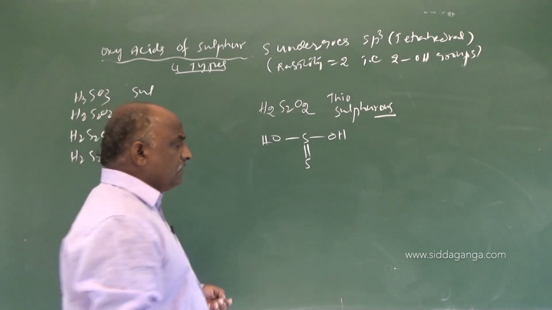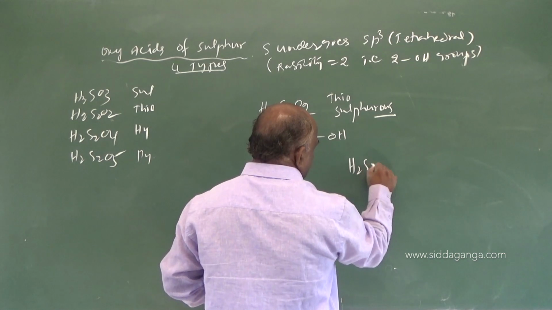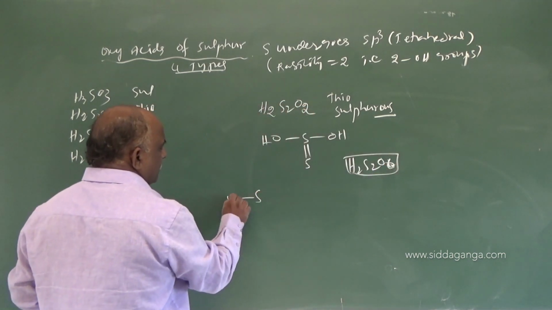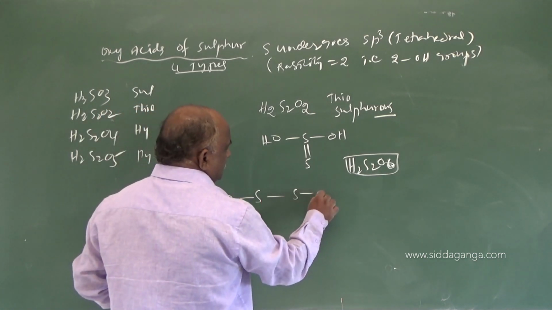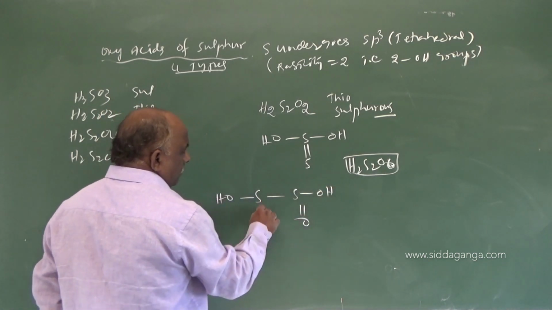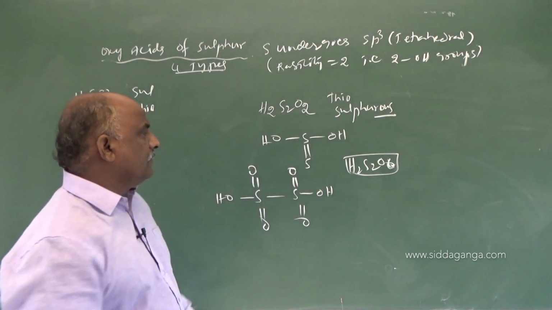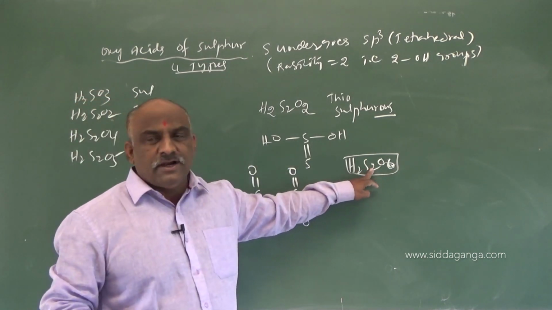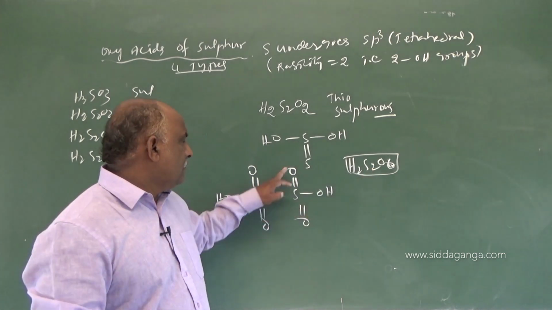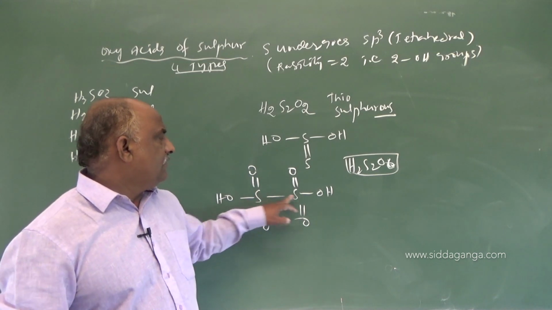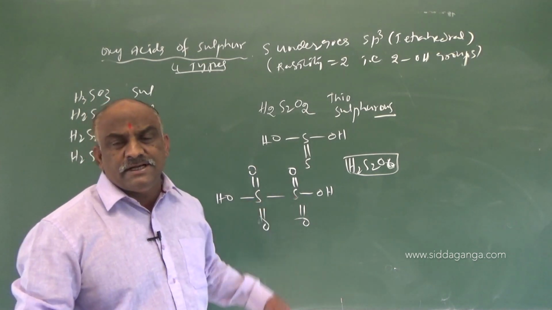Suppose H2S2O6 was given. Simply write S OH, S OH, with double bond O, double bond O, double bond O, double bond O. 2 OH groups are distributed to 2 sulfur atoms, and here 4 oxygens are arranged like this, and between S and S, which bond takes place?